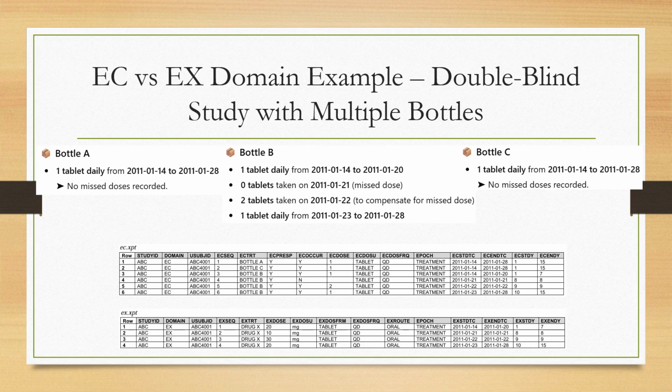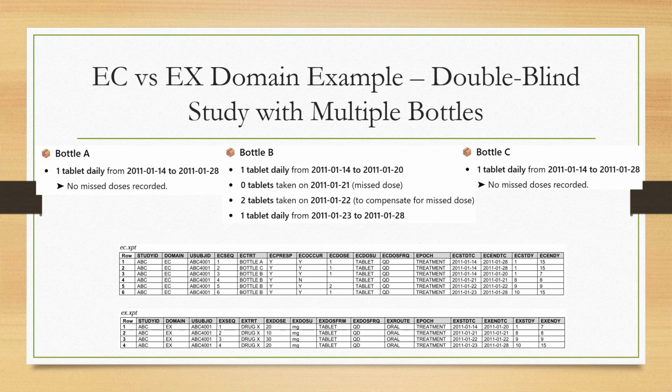And when the study was unblinded, in this case, we observed that the subject was randomized to the 20 mg dosing of drug X. That means the subject had bottle A with tablets of 10 mg concentration, bottle B of 10 mg, and bottle C was a placebo.